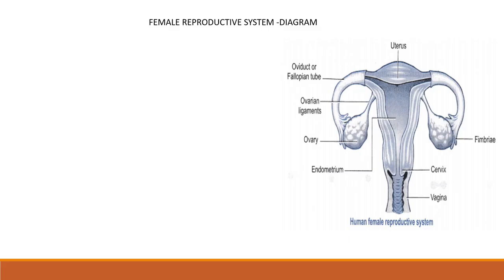Children, now let's learn the female reproductive system diagram. So I'll take a pen, and I'll teach you how to draw the diagram in the simplest way, right? First, you draw a rough triangle, like this. This is our endometrium, right?